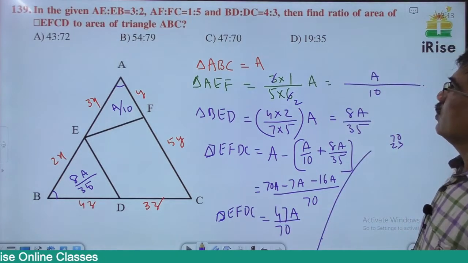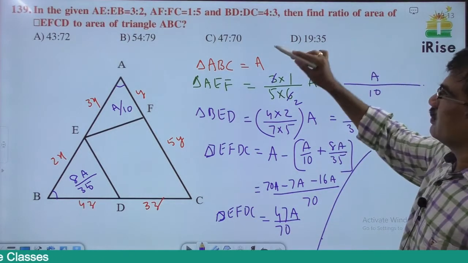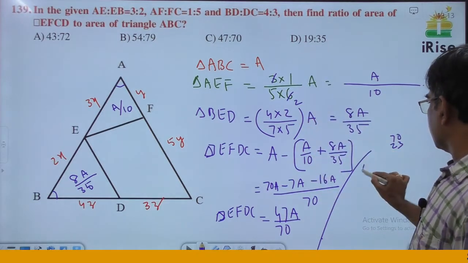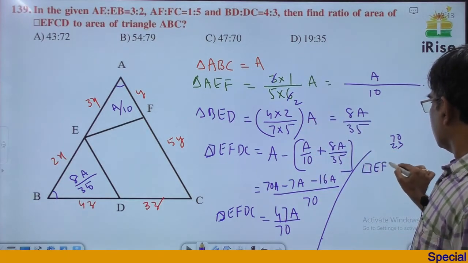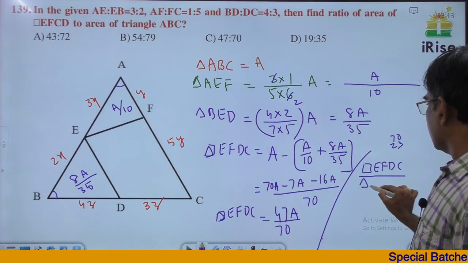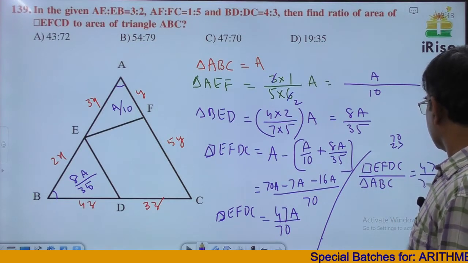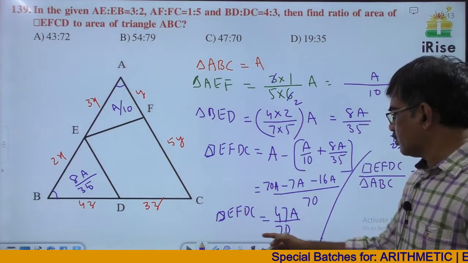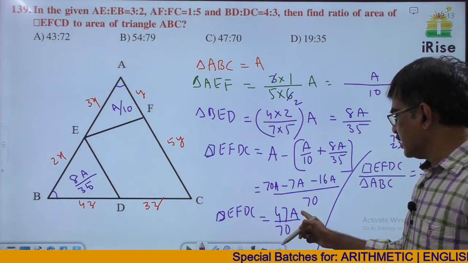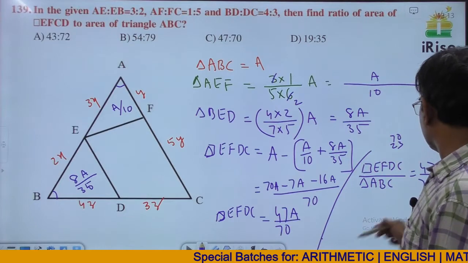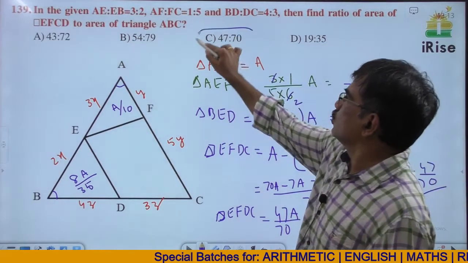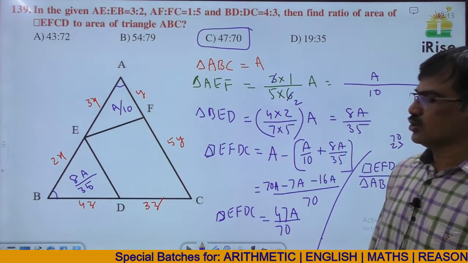Therefore, what do they want? Ratio of the area of EFDC to the triangle ABC. Quadrilateral EFDC by triangle ABC, cross multiplied, we get EFDC by capital A is equal to 47 by 70. So the answer is 47 is to 70.